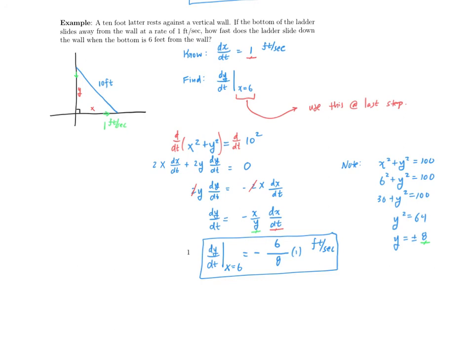Then we find some relationship or equation relating those variables. And once we have that relationship, we differentiate it implicitly, and we isolate for the rate of change that we are interested in. And the last and final step is to substitute in that specific value. But note, when you substitute in x equals 6, that may require you to go back to the original equation and solve for some other corresponding values.